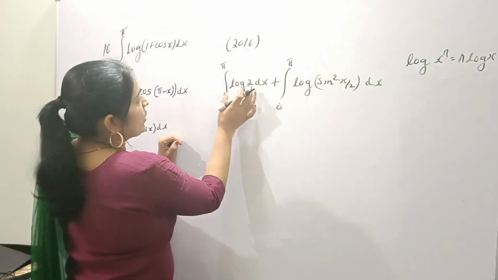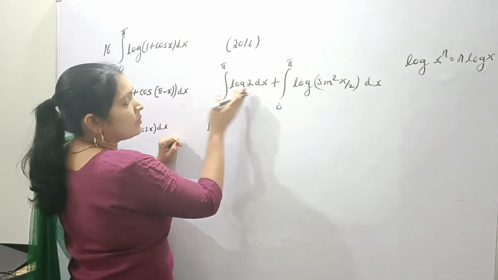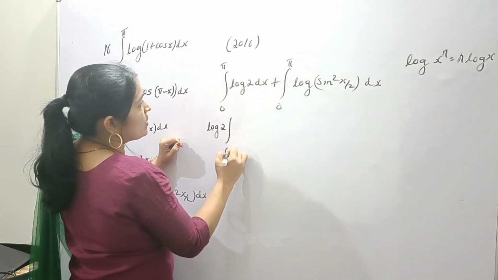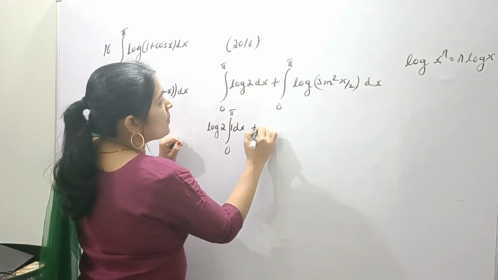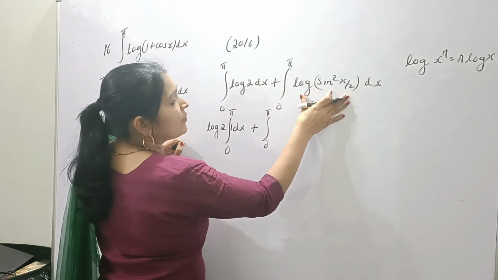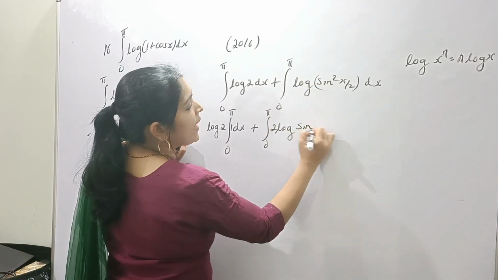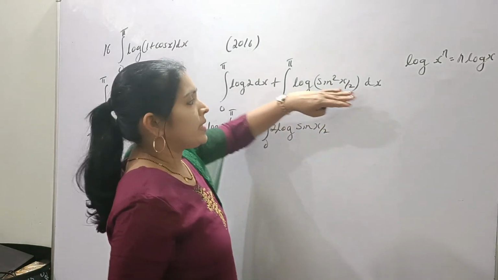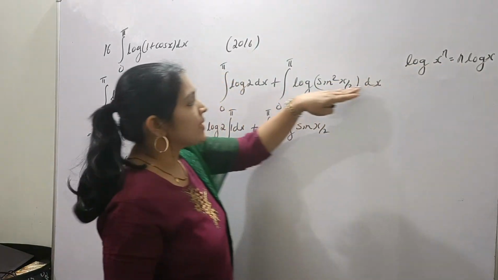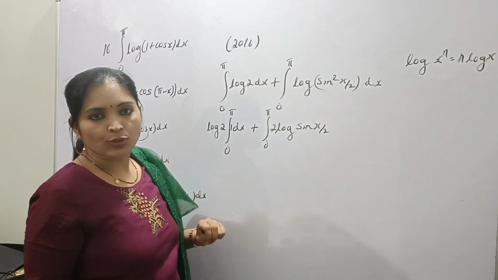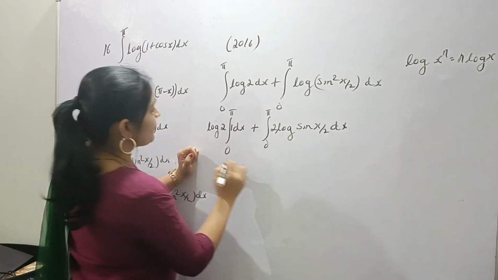Now, log 2 is a constant, so if we take log 2 outside, we get integral 0 to pi 1 dx, plus integral 0 to pi 2 log sin x by 2 dx.